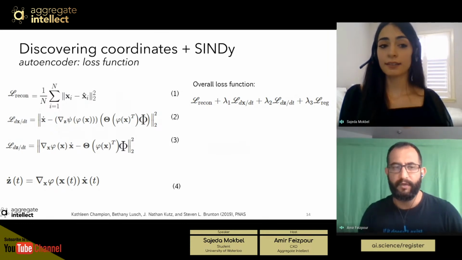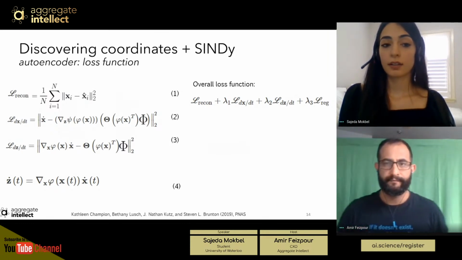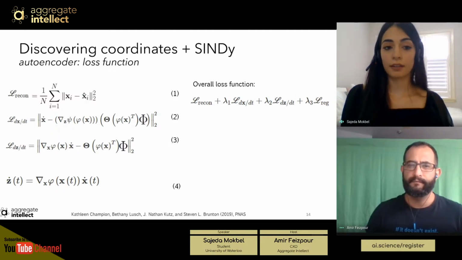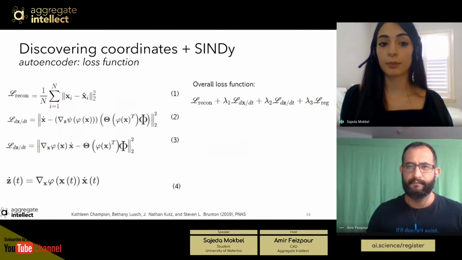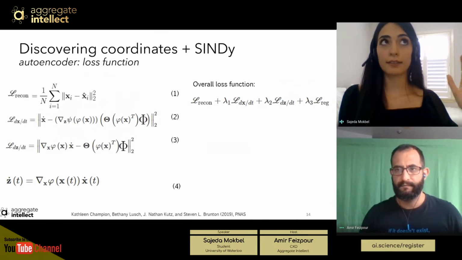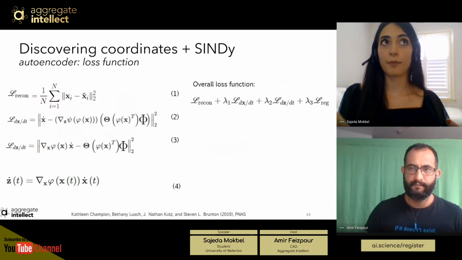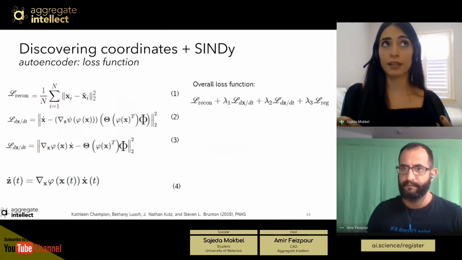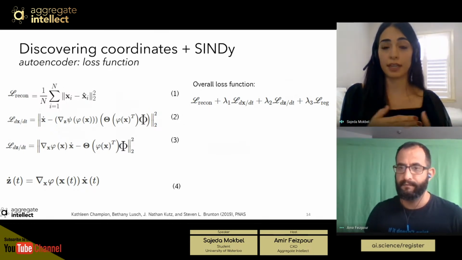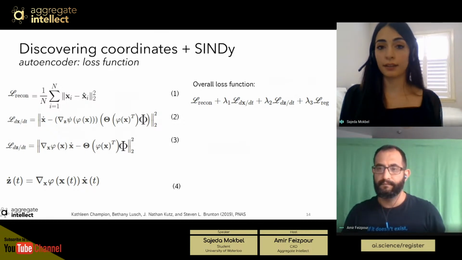I guess, why not just 2? Okay, so for 3, we want to make sure that the latent space Z and the SINDy variable Z are pretty much the same, so that we're getting sparse coordinates.